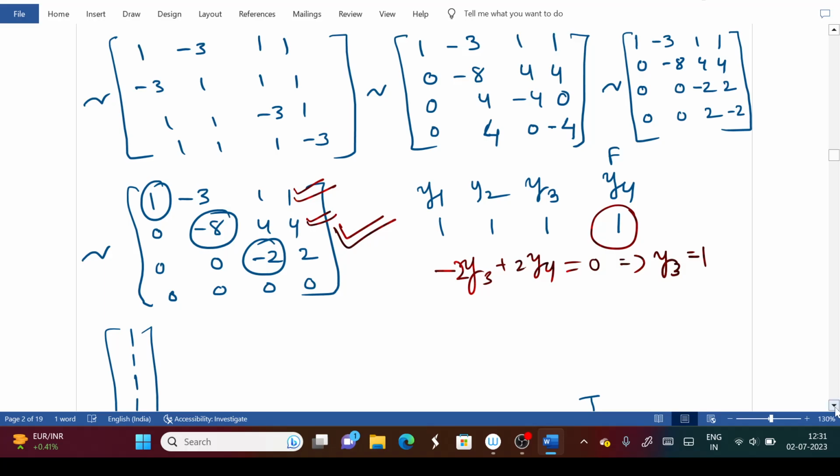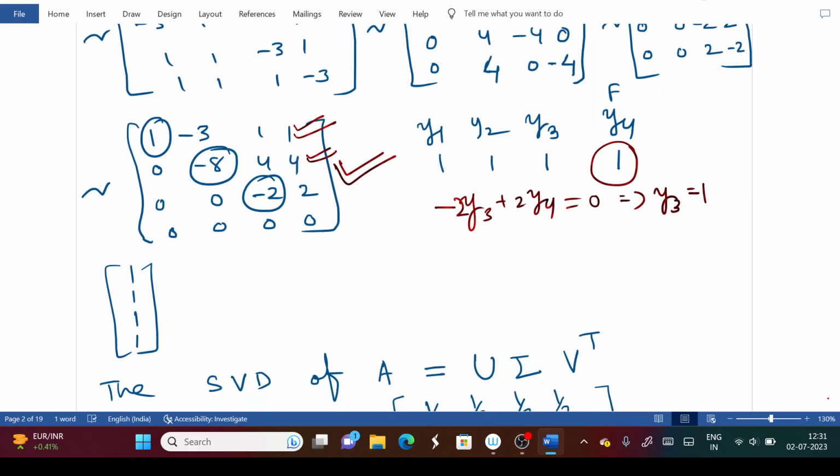So the linearly independent eigenvector corresponding to eigenvalue 4 is this one. So it is not normalized. What about the normalized eigenvector then? In that case, every component is divided by the square root of 1 plus 1 plus 1 plus 1, that is square root of 4, that is 2, so a half.